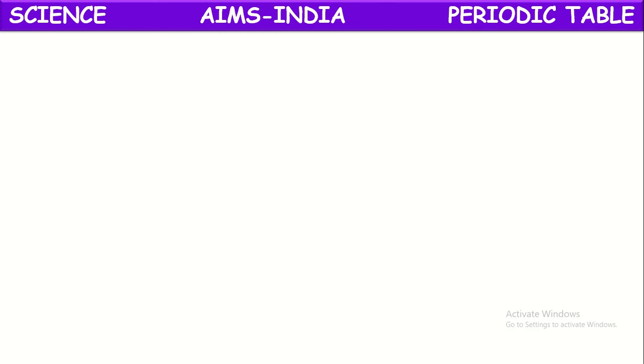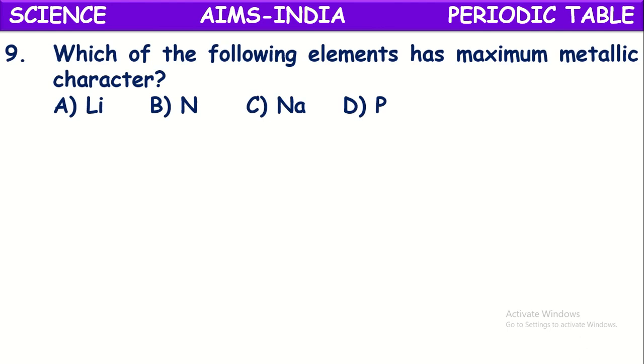Okay, next one. The next question: which of the following elements has maximum metallic character? What is the relation between all these elements again? Lithium, nitrogen, sodium, phosphorus. If you locate these elements in the modern periodic table, then we can easily say about the characteristic asked.